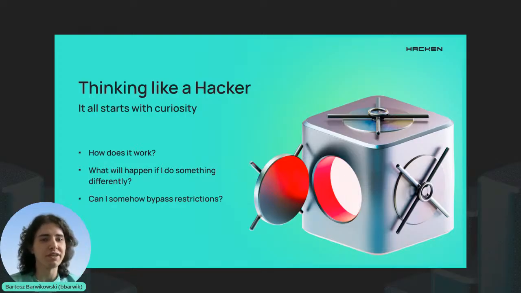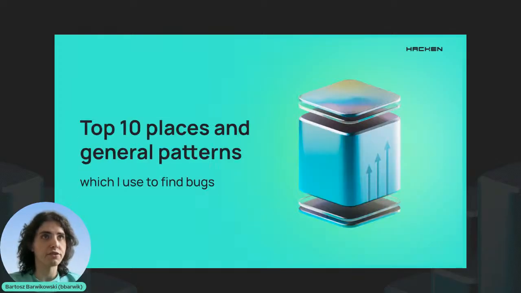It's more about thinking about those other ways which the developer, engineer didn't think about, and then combining those small mistakes in different ways to create an issue. This is basically how I found most of the interesting issues in my career, by thinking outside the box. So yeah, let's go to the next page.